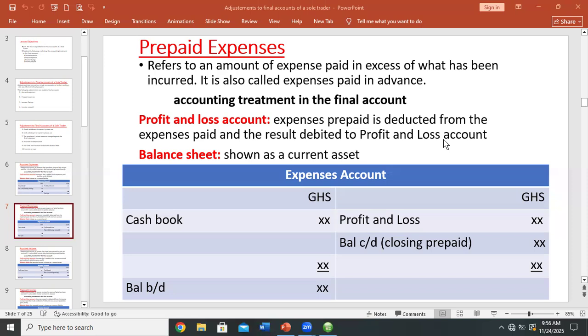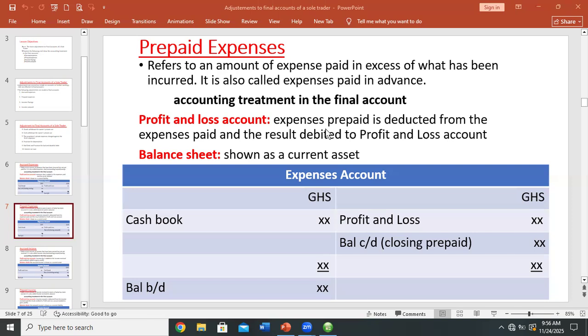It so happens that you paid an excess. So you have to show that I paid 2,000, but there's an advance payment of 800. And so your profit and loss account will show just the 1,200. That is why for prepayment, we subtract or deduct in the profit and loss account.